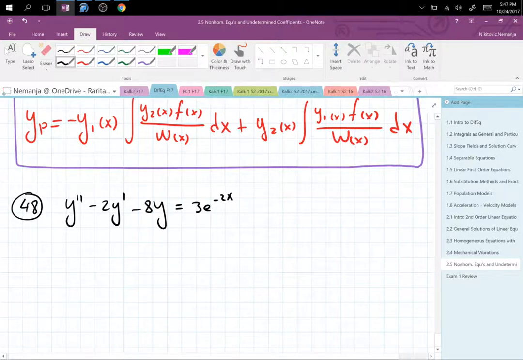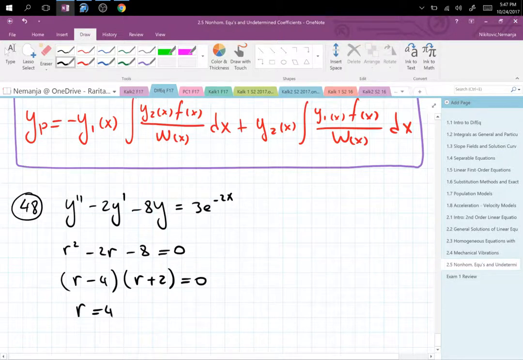First we solve the homogeneous case with the characteristic equation. So r squared minus 2r minus 8 equals 0. Factor this as r minus 4 times r plus 2.